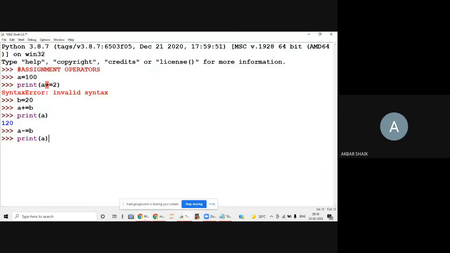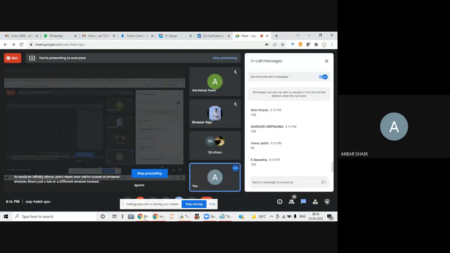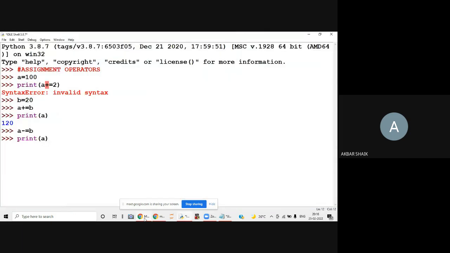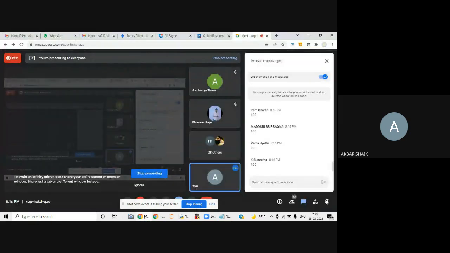Observe. If you want, you can take pen and paper and tell me the output. Yes, Sunita, very good. Remaining students.